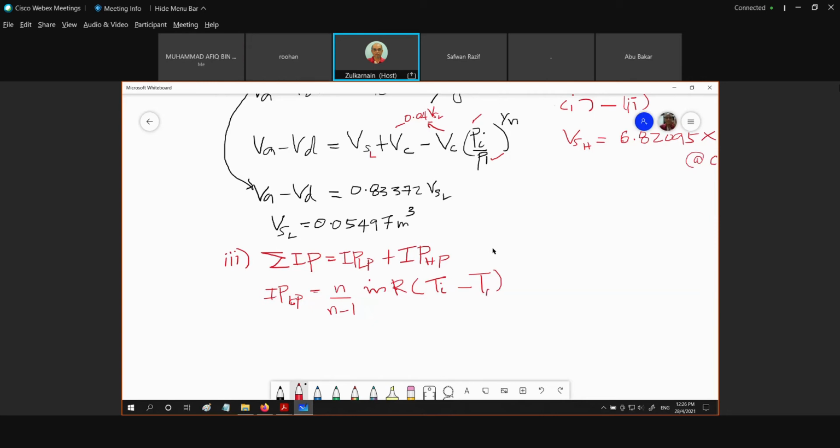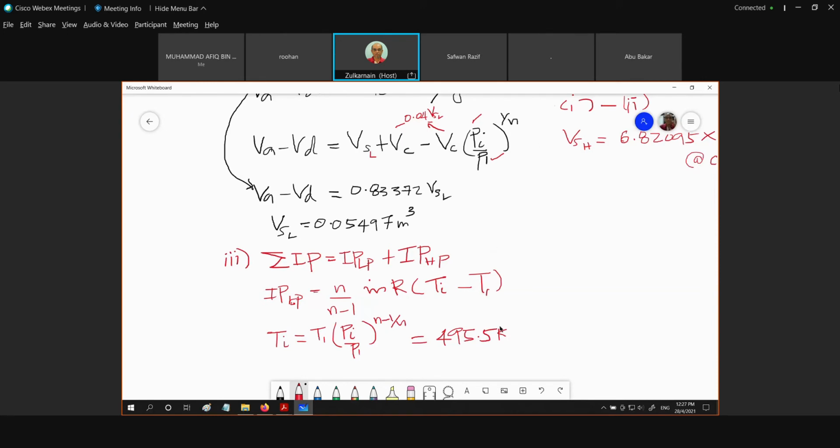Okay, what is our Ti? Ti is equal to T1 times Pi over P1, to the power N minus 1 over N. Okay, everything is given, the T1 is given, the Pi is given, the P1 is given. Then we could get the Ti as 495.5 Kelvin.